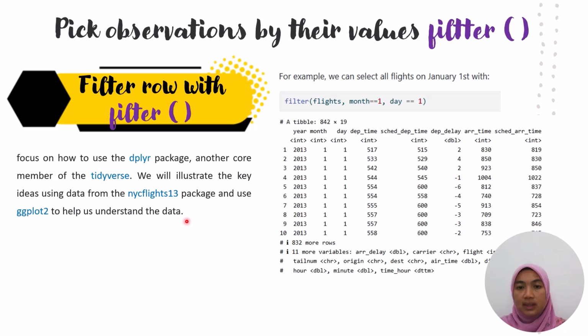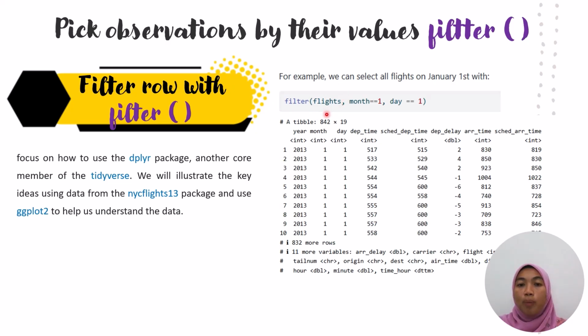So, by using nycflights13, we can use the filter command. Look at the right-hand side here. For example, we select all flights on January 1st. How do we select using the filter command? You just write filter, then a bracket.